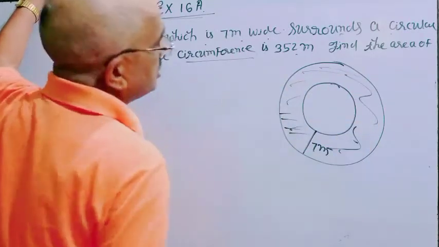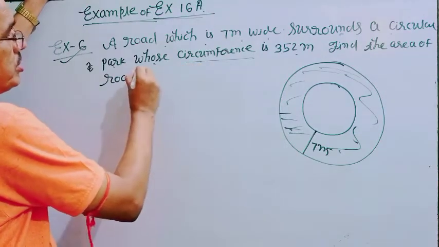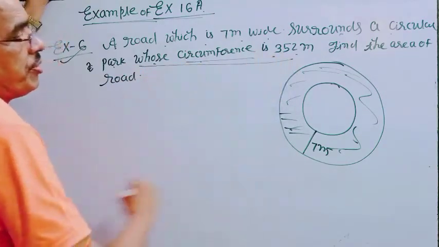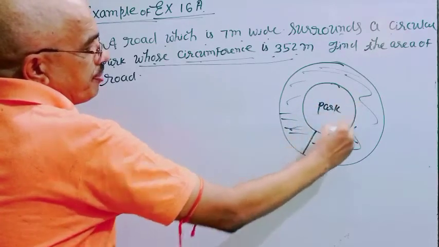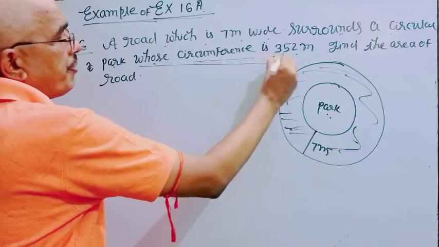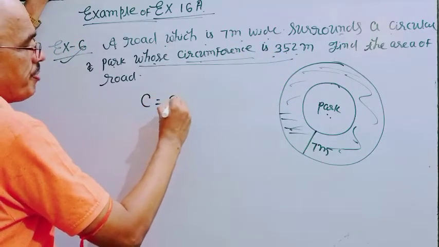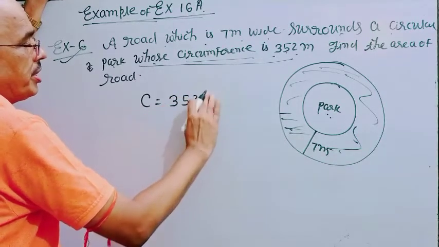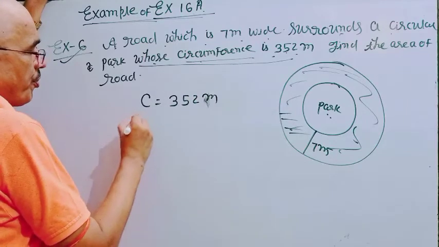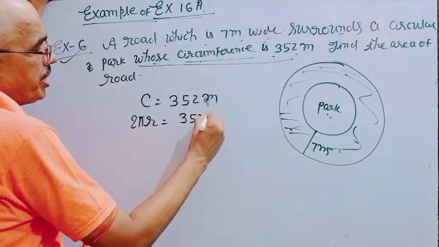So first, what is given here? They have given the park, whose circumference is 352 meters. So we write the circumference is equal to 352. That means 2πr is equal to 352 meters.